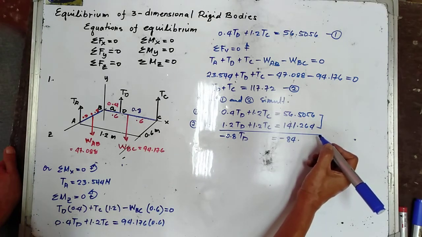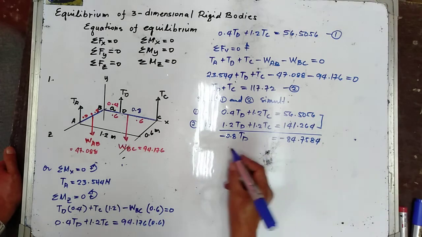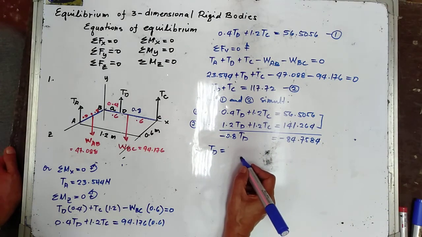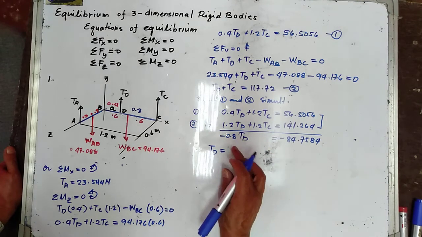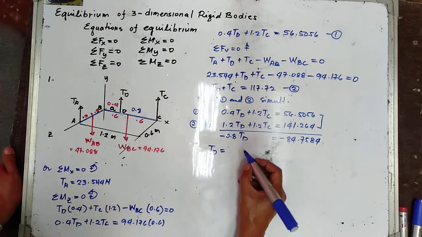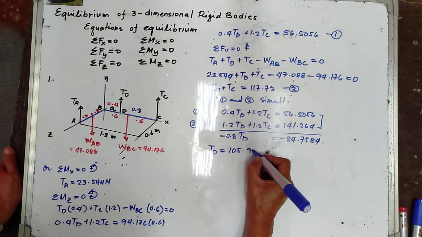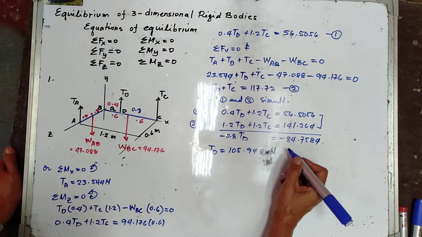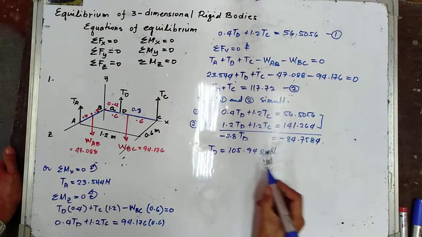Hence, your TD is now equal to 84.7584 divided by 0.8. So we have 105.948 newtons.